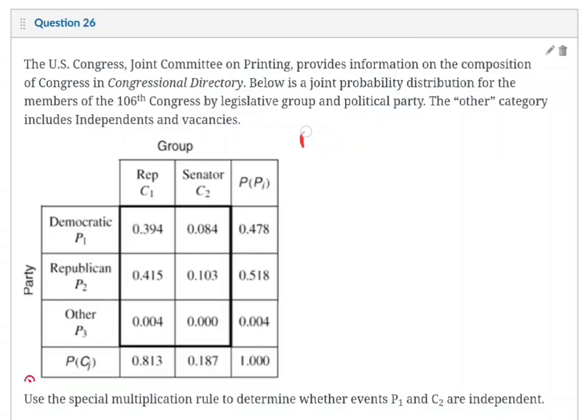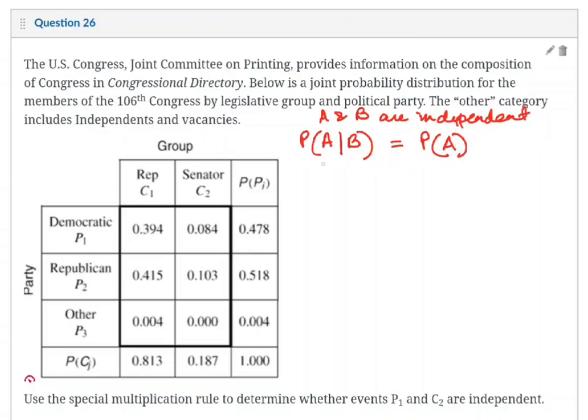It goes like this. It's probability of A given B. So let's say we want to first know whether A and B are independent. So if that's what we are trying to determine, then the formula is probability of A given B, the conditional probability formula, is equal to the probability of A. All right.